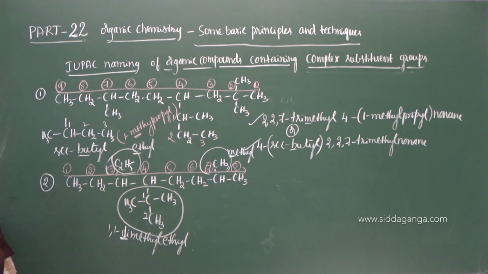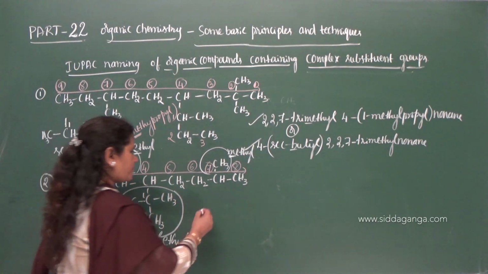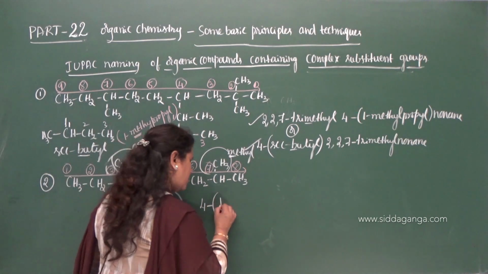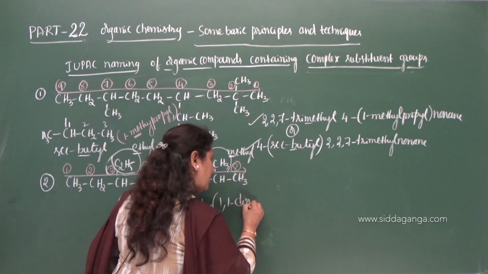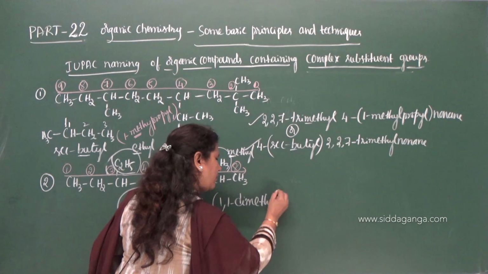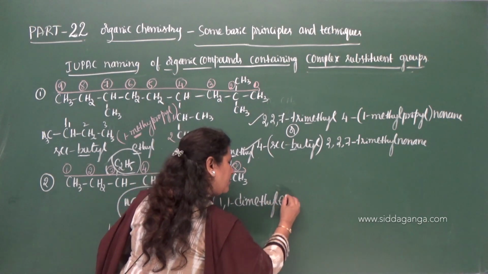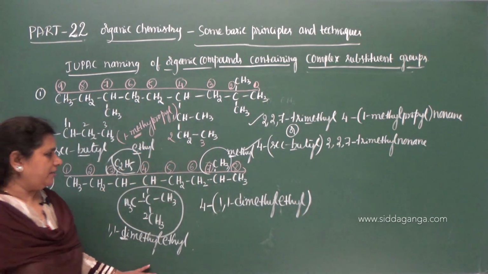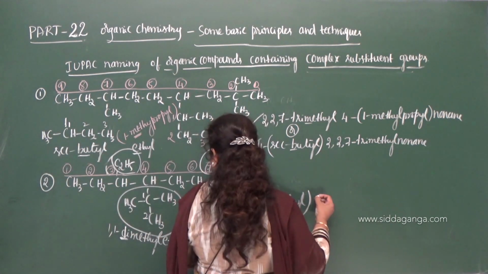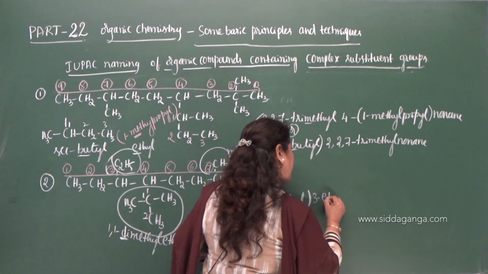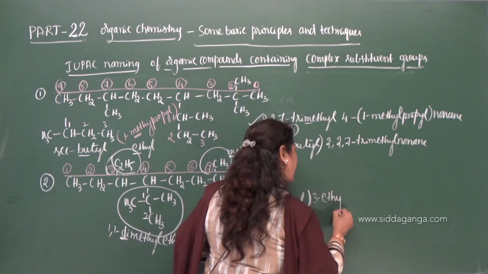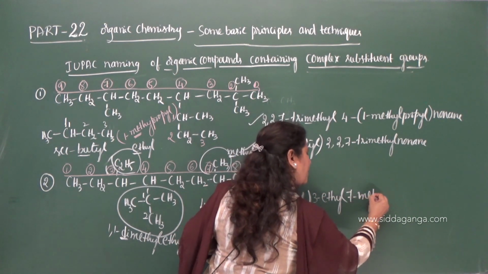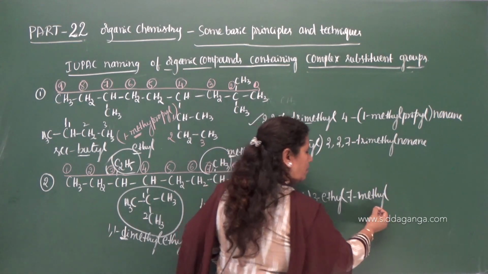Now arrange them in alphabetical order. What we get? 4 hyphen, take a bracket, 1,1 dimethyl ethyl. So then comes ethyl, therefore 3 ethyl, then 7 methyl octane.